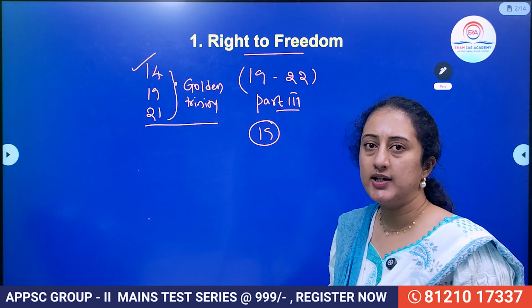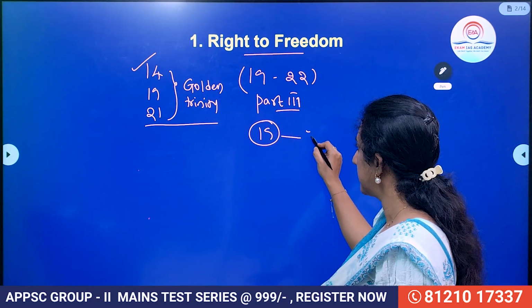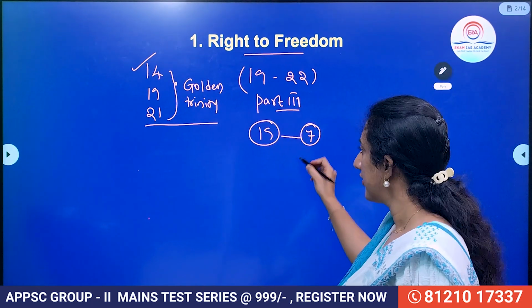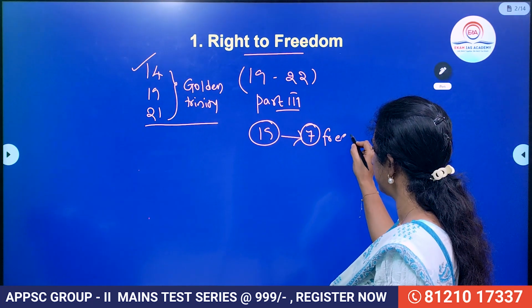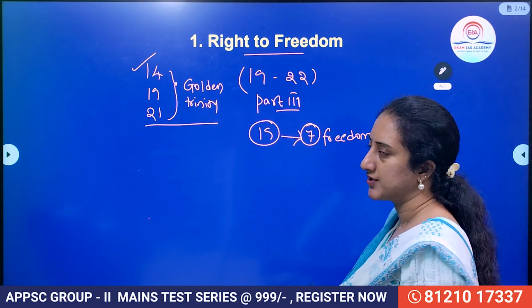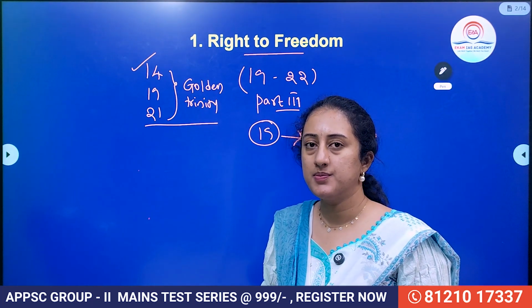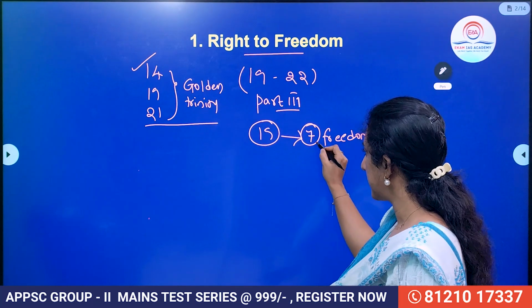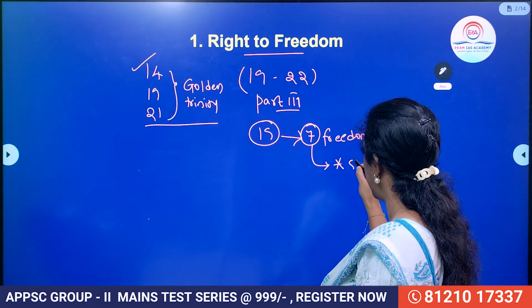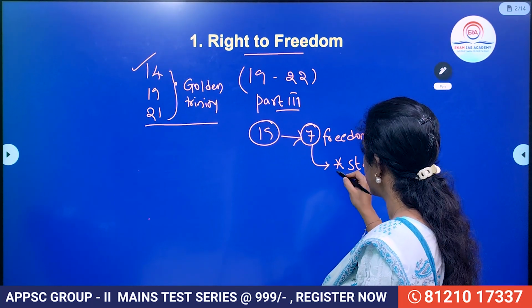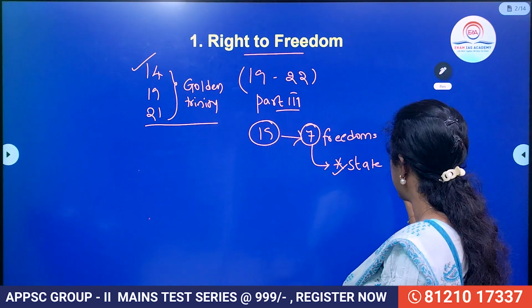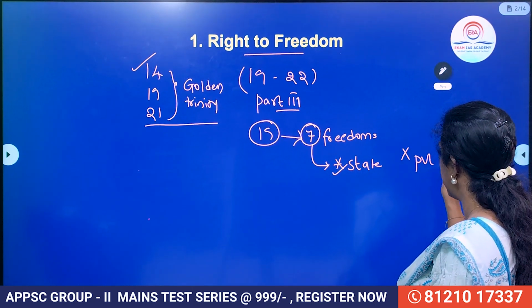Article 19 in the original Constitution had 7 freedoms. But before we understand what those freedoms are, we have to remember that these 7 freedoms are only available against the state, and not against private individuals.